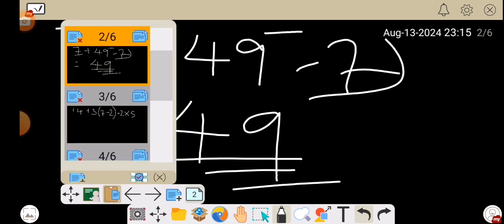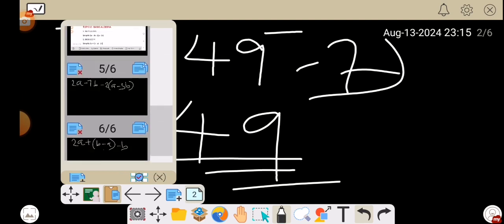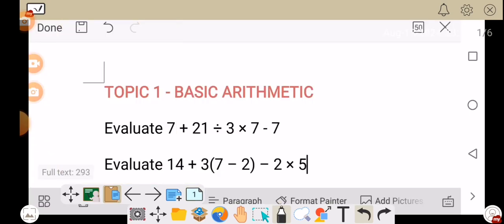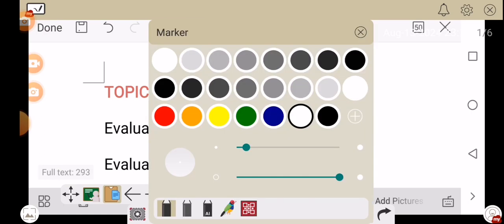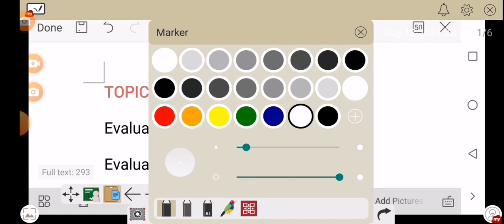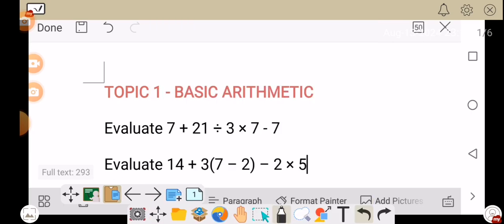So we have seen that for the first question, 7 plus 21 divided by 3 times 7 minus 7, the final answer is 49.